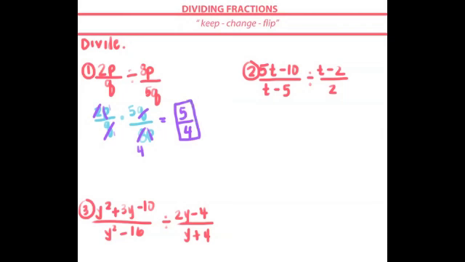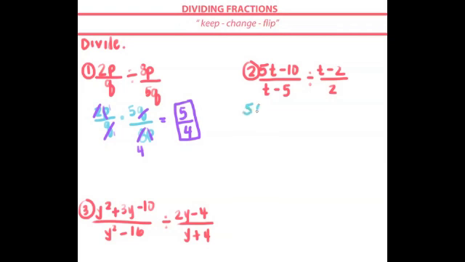Okay, let's try number 2. Remember, the first thing you want to do is try to factor if we can. Looking at my first numerator, can I factor this? Yeah, right. Remember, check first if you can pull out a GCF, and this definitely does have a GCF of 5.